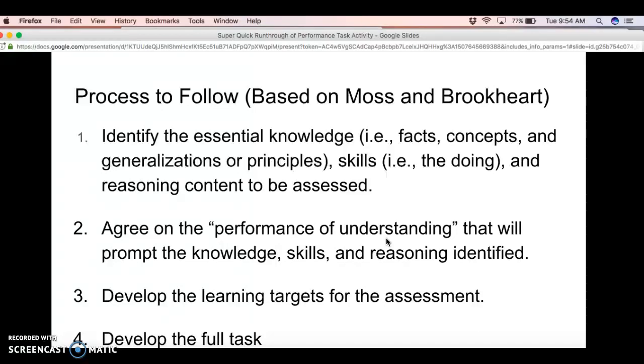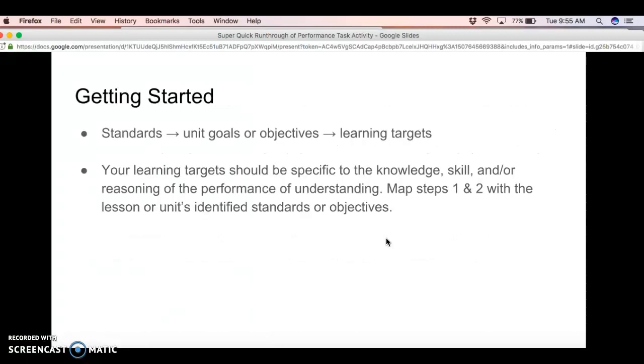You just need to align what you do in one with what the assessment design will be. Then you'll develop the learning targets. And then from there, you'll develop the full task. So it's iterative. You're going to bounce back and forth between naming what it is people should know and what they should be doing. And you're going to use the development of each to get to the full task.